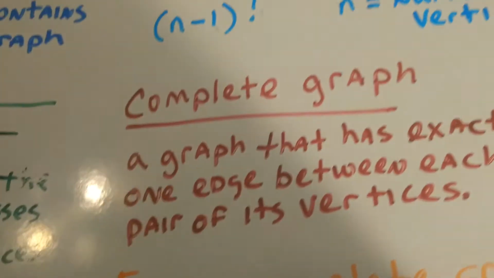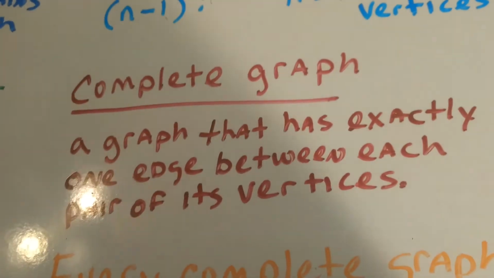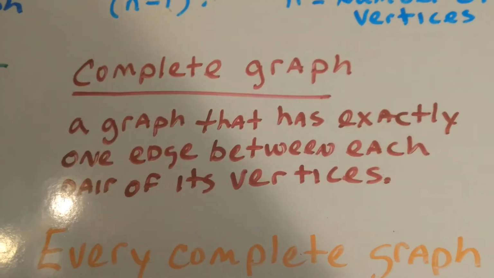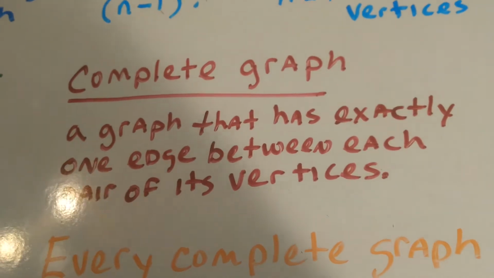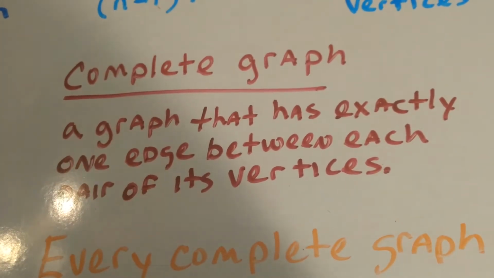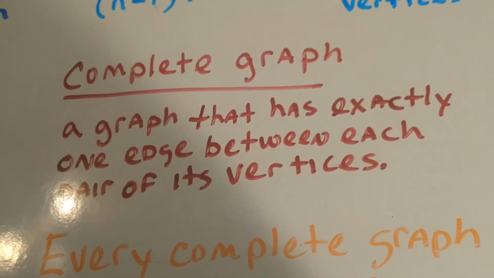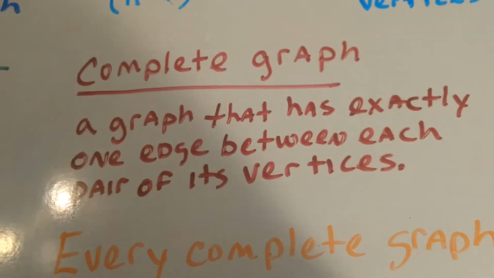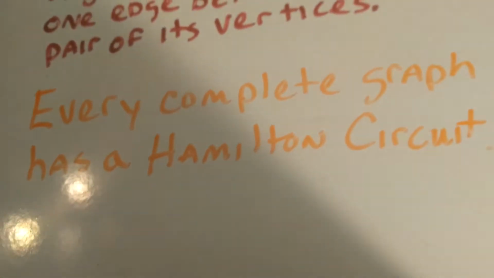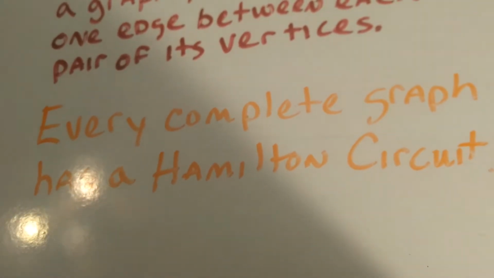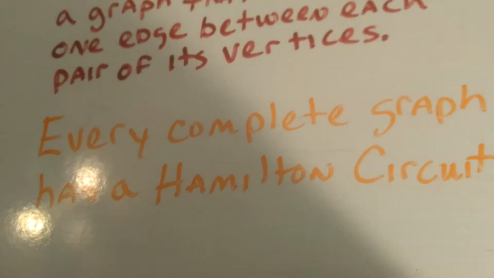Let's talk about the definition of a complete graph. A graph that has exactly one edge between each pair of its vertices. All right? So that means you need to connect every vertex to every other vertex. It says every complete graph has a Hamilton circuit.